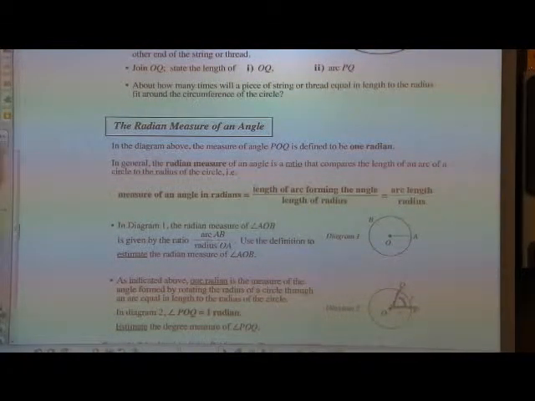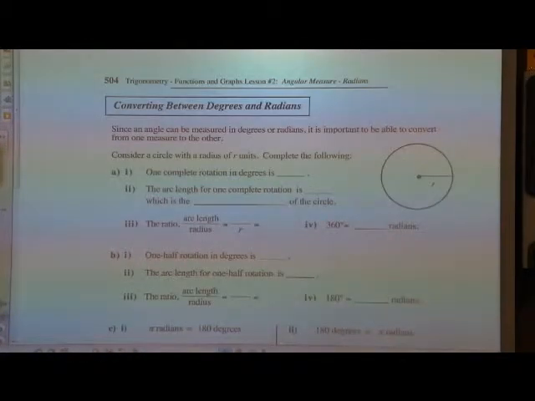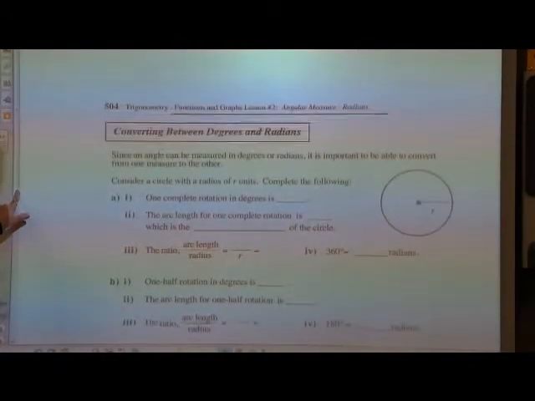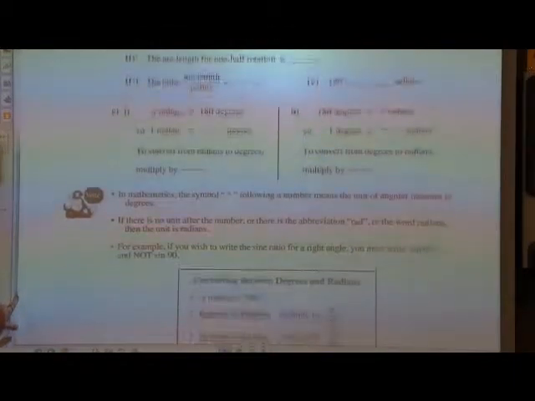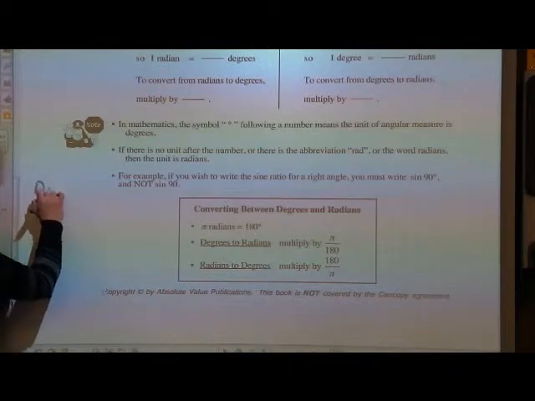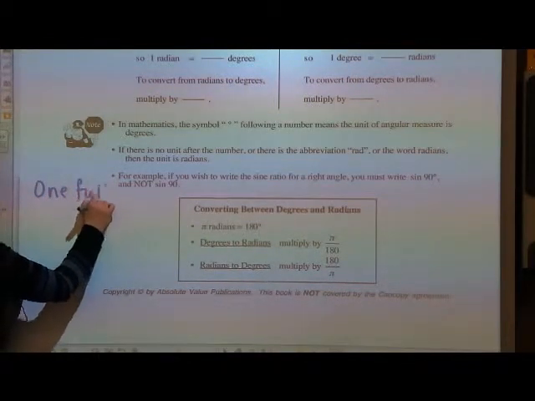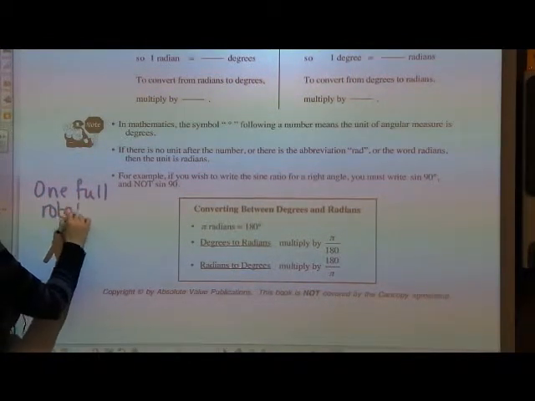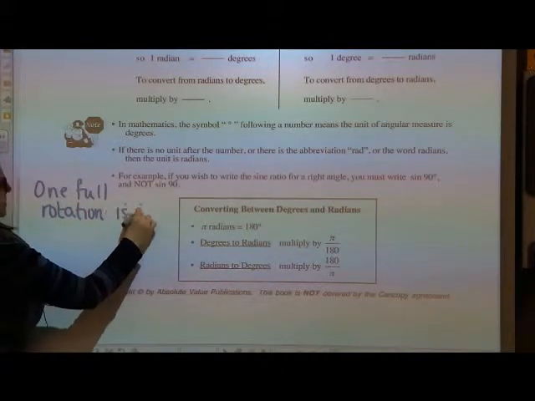The following page just goes through all of those conversions. Here we go. Really, what I want you to know is that 1 full rotation is 2 pi.